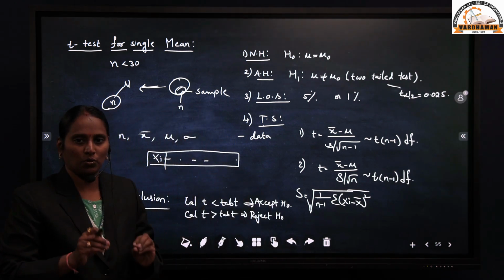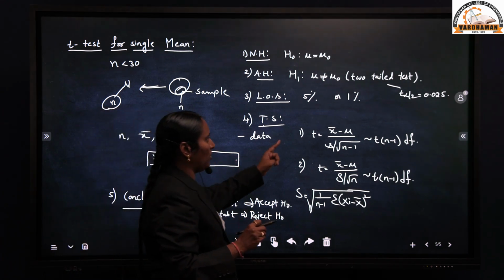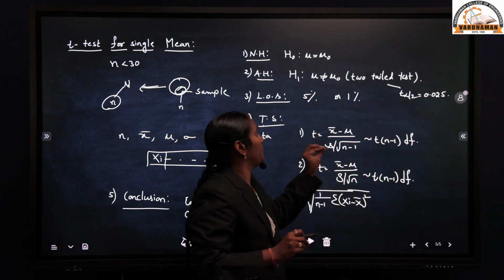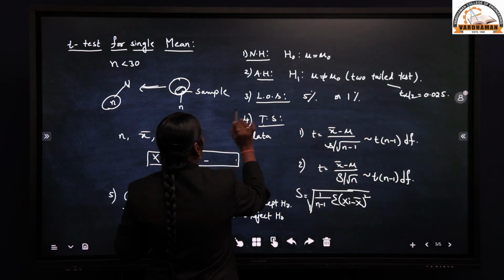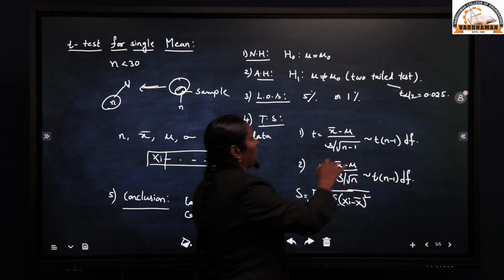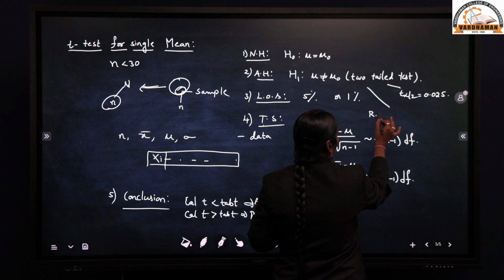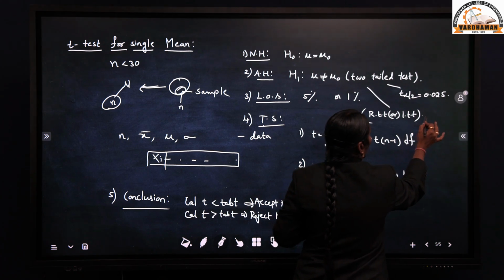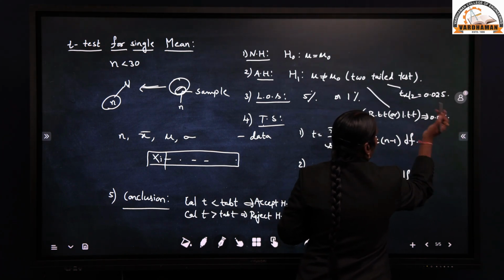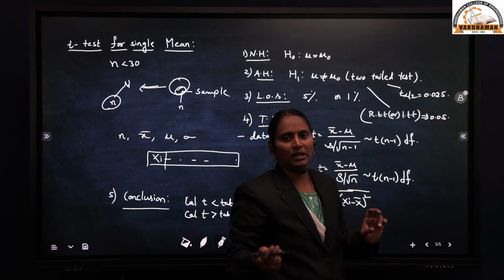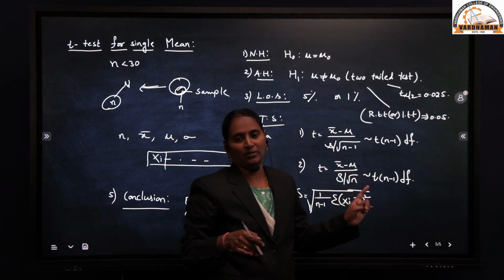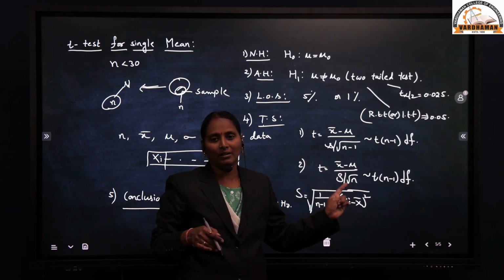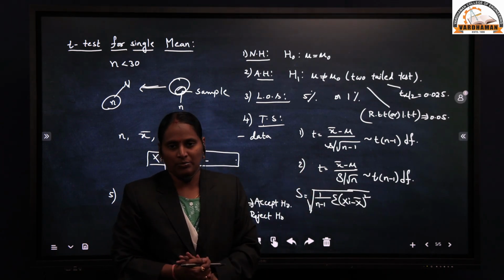If H1 is a right-tail or left-tail test, we follow 0.05 or 0.01, that is 5% or 1% level of significance, and use the table value.